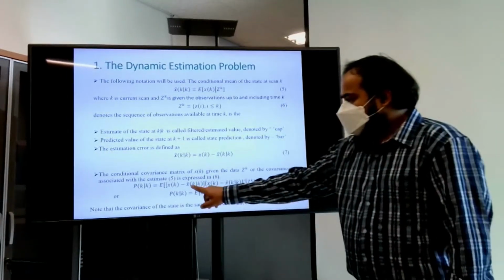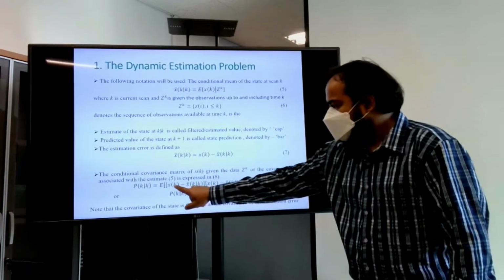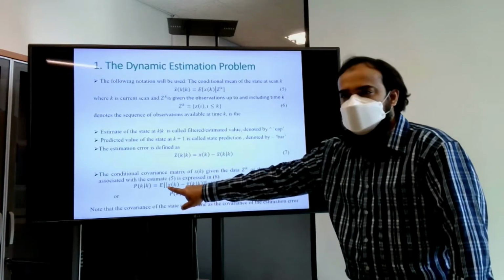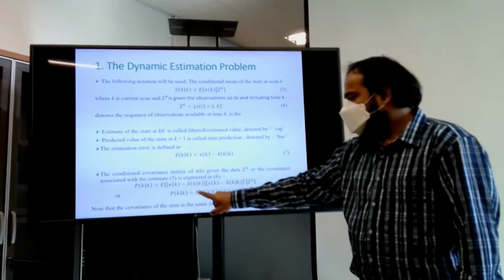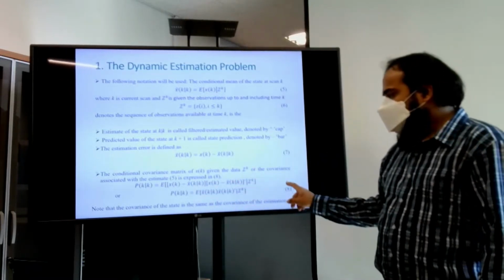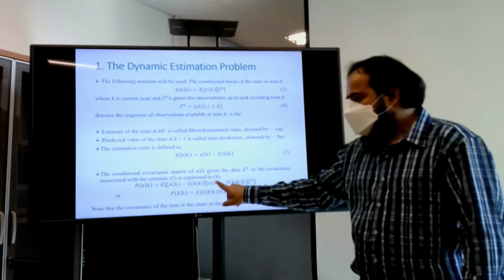Or we can write this equation, because this is the same here. So this is the expression over the mean square error. We can express the covariance either in this way or in this way.